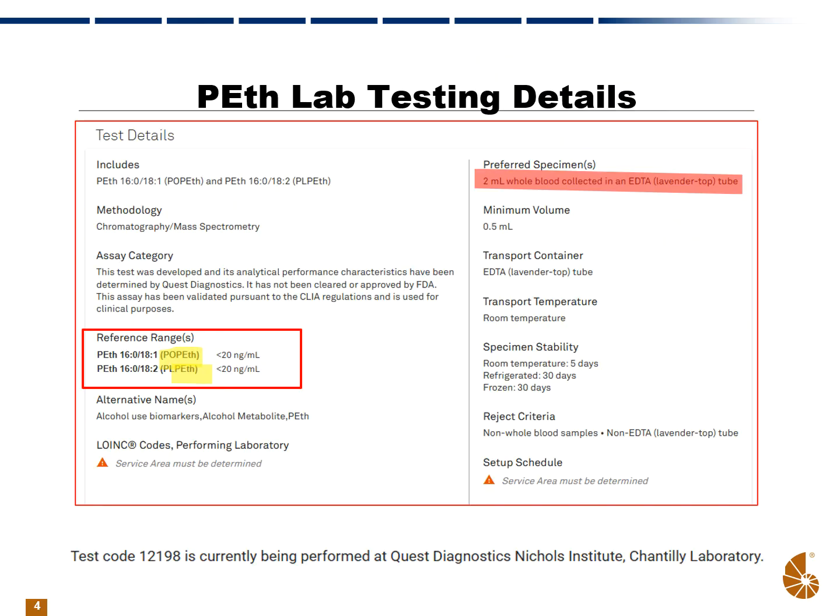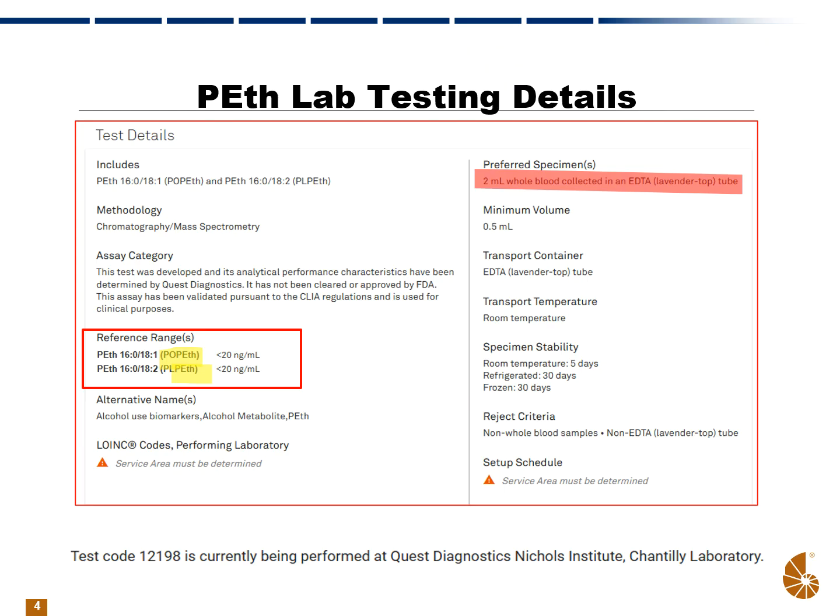Now, we've talked in prior videos on alcohol markers about PEth and the PEth levels. The main PEth level we use is called POPE, PEth 16:0/18:1.